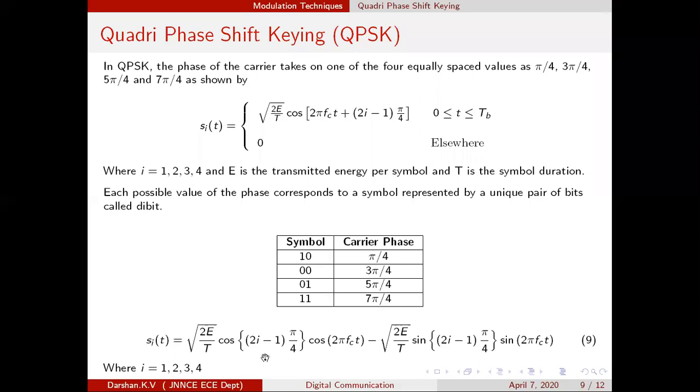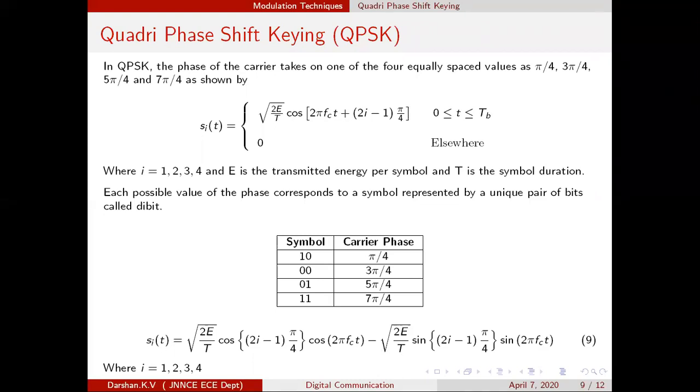One thing you understand from this signal set: for all signals S1, S2, S3, S4, this term root of 2E by T cos 2 pi fct would be constant. So that could be the basis function. And over here, minus root 2E by T into sine 2 pi fct would be constant for all values of i. So these could be the basis functions.